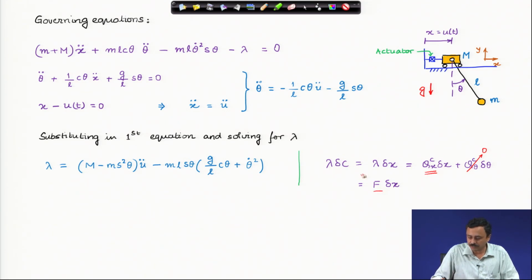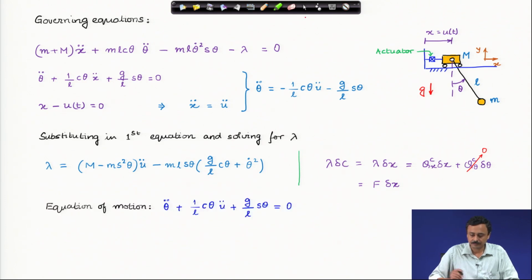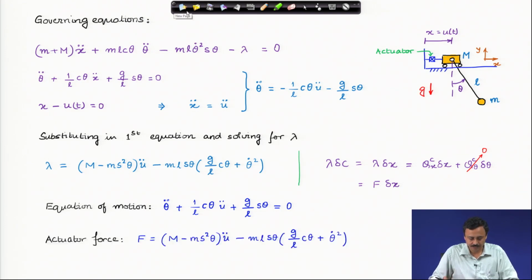And we can now very easily read out what is our actuator force. Actuator force is nothing but the lambda itself, but this is a very special situation. Lambda in general may not have the dimensions of force, but in this case it does. Now that we know the actuator force, the equation of motion for the theta coordinate is here, and the actuator force is nothing but lambda.